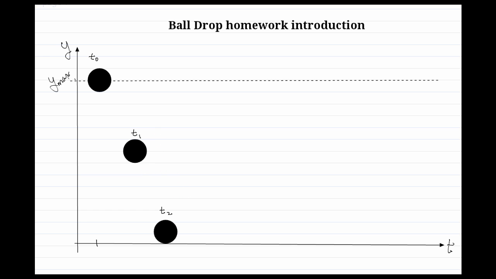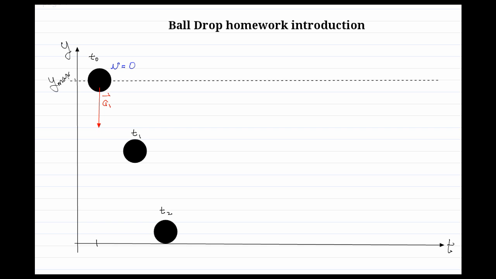Okay, let's examine what the acceleration and the velocity is doing at each of these times. So initially, we let go of the ball. The initial velocity is just equal to 0. And what do we know about the acceleration? Well, the acceleration is straight down. And we'll call that acceleration A1.